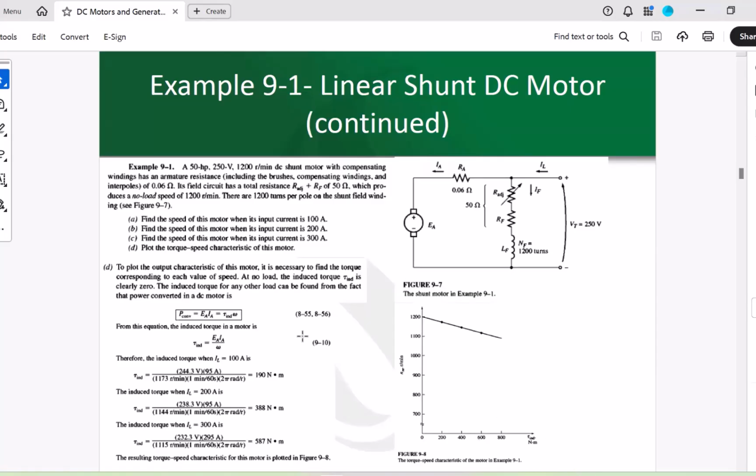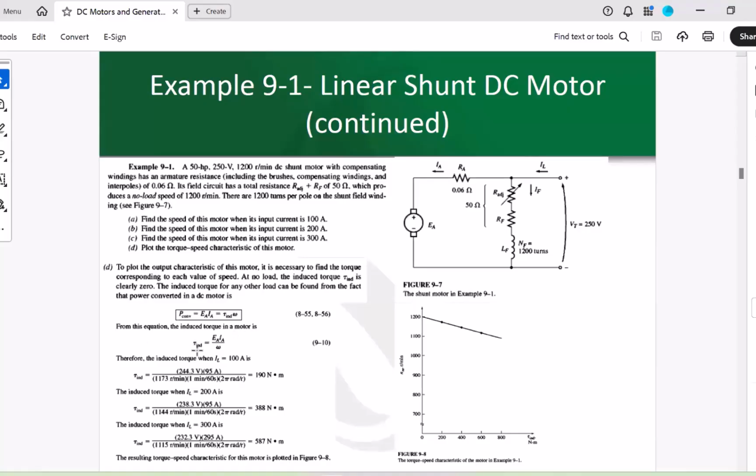For plotting the torque versus speed, what you can do is find out the torque from the P converted. P converted is the power that is being given into this source in the motor circuit. So that would be EA times IA. That's what we call the P converted, and that would be equal to tau times omega, the induced torque times omega in the machine.